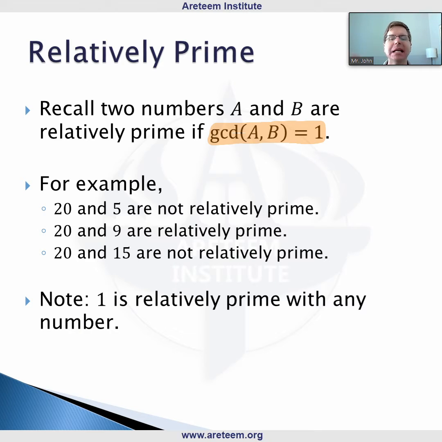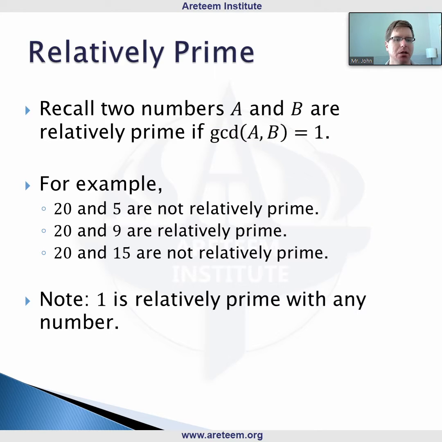A common mistake people make is with the number 1. 1 itself is relatively prime with any other number because, for example, the GCD of 20 and 1 is 1. So that is called relatively prime, even if it equals the number 1 itself.